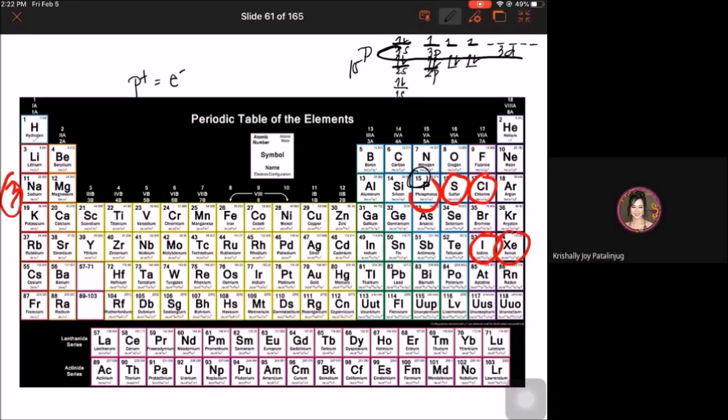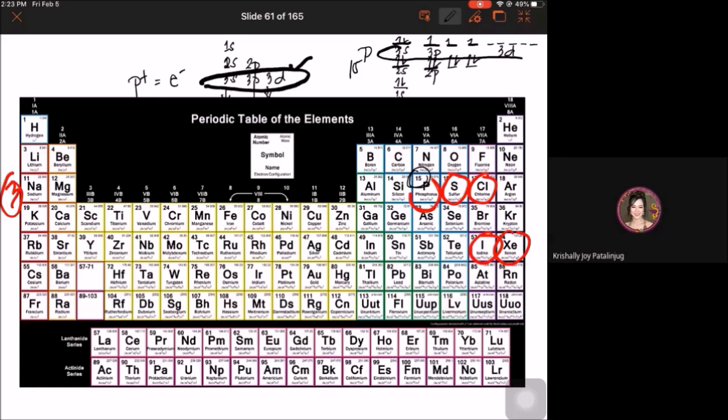Sige ha, yung pattern na dapat i-memorize. Sabi ko, pattern lang: 1, 2, 3, then 2, 3, 4, then 3, and so forth. Dito p, dito d. Pagdating sa third shell, di ba meron nang d orbital?